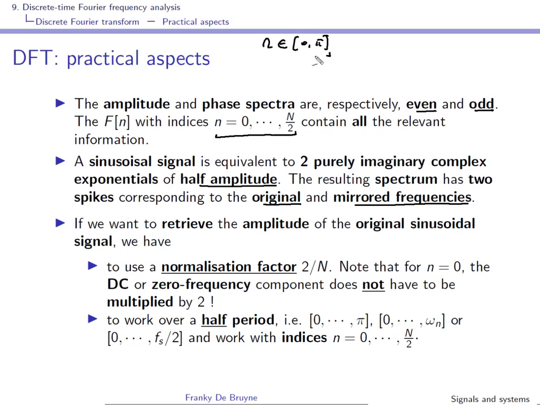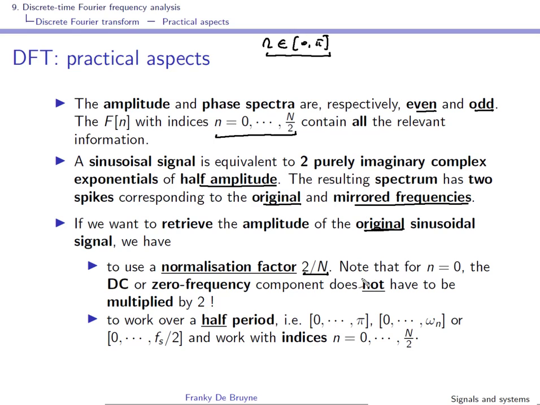So we'll work in the interval 0 to pi for the discrete frequencies, and for the indices from 0 to N over 2. And since we want to recover the amplitude of the original signal, we do not have to normalize by 1 over N, but by 2 over N, right?